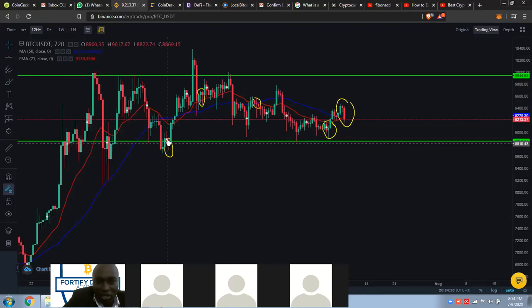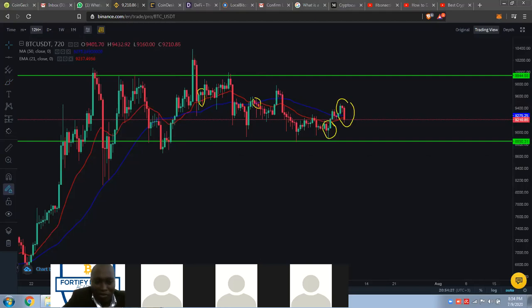What's that candlestick, Ken? Black crows. Three black crows. Correct. So we have three black crows and three white soldiers. So those are three black crows.